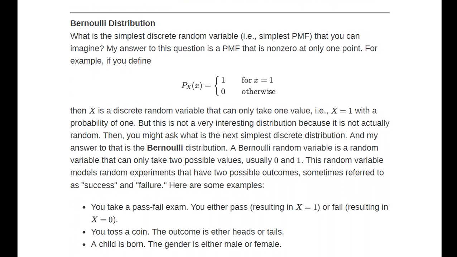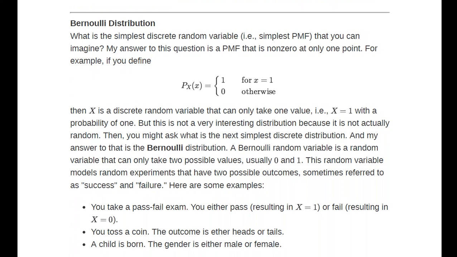For example, if you define P_X(x) = 1 for x = 1, and 0 otherwise, then X is a discrete random variable that can only take one value, which is x = 1, with a probability of 1. But this is not a very interesting distribution because it is not actually random.